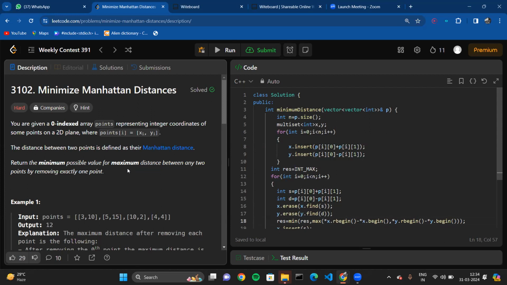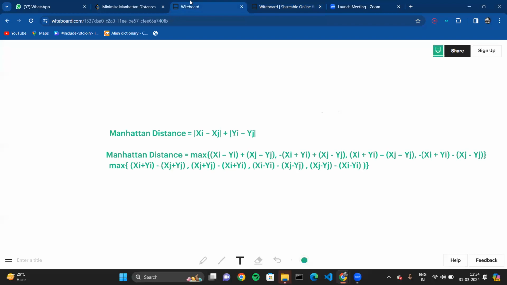So the question lies in understanding what is Manhattan distance. So let us see. The Manhattan distance for 2 points i and j is the absolute value of xi minus xj plus the absolute value of yi minus yj.